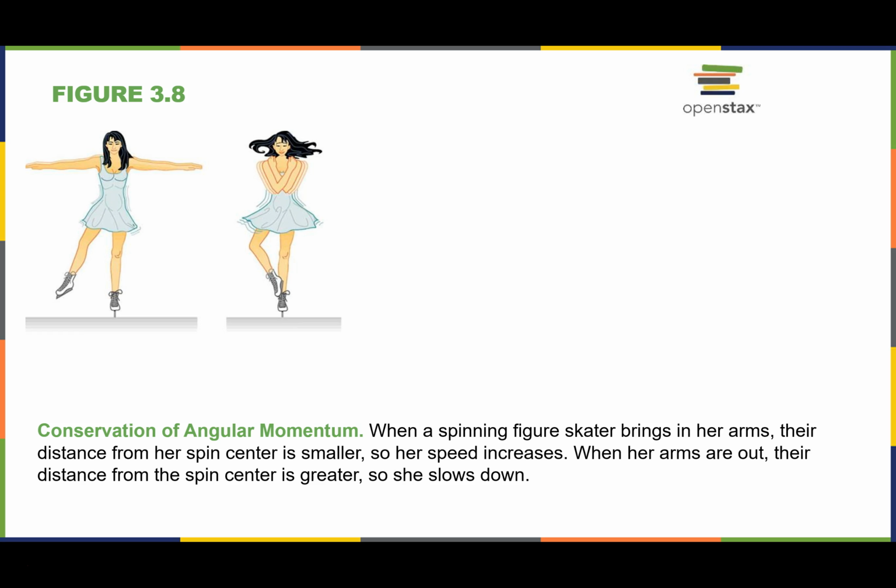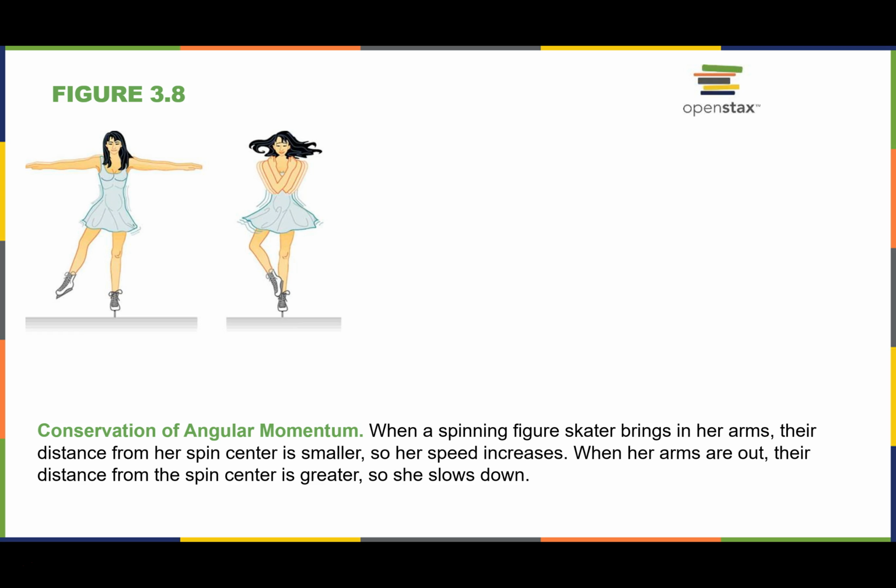I know you guys have all at least accidentally or purposefully watched figure skating. It's a beautiful sport. What happens when the skater is spinning, and what happens if they bring their arms in? They spin faster. So let's think about what that looks like.